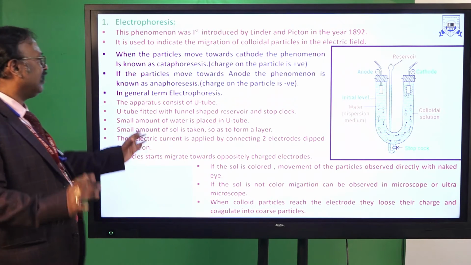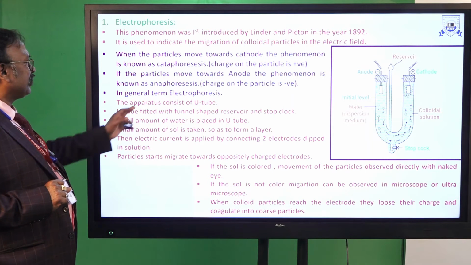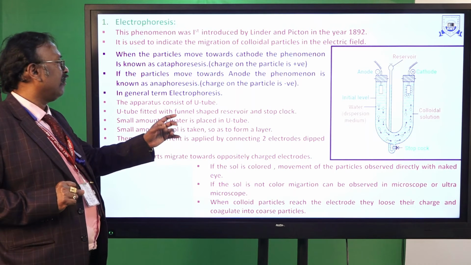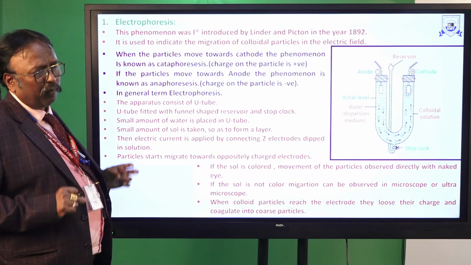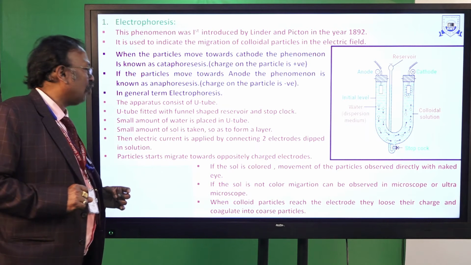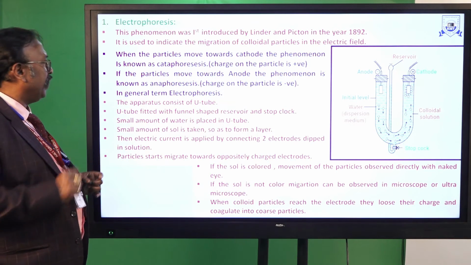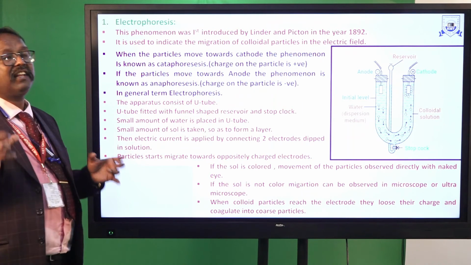Here the apparatus consists of a U-tube. The U-tube is fitted with a funnel-shaped reservoir and a stop clock, and a small amount of sol is taken so as to form a layer in the U-tube.